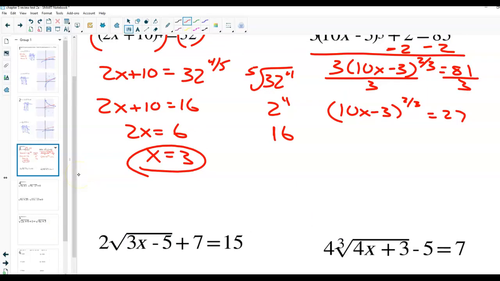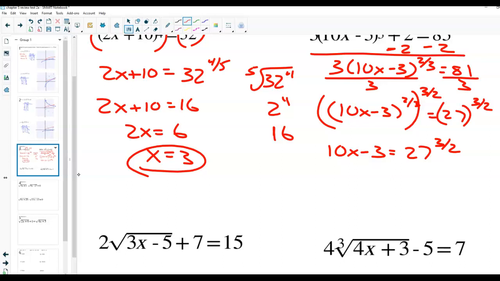Okay. Now, what do I do next? We're raising both sides to the 3/2. Now, we're left with 10x minus 3 equals 27 to the 3/2. If you can't take 27 and turn it into an exact number, like it doesn't work out, you don't have the square root of 27, here is what we're going to do.